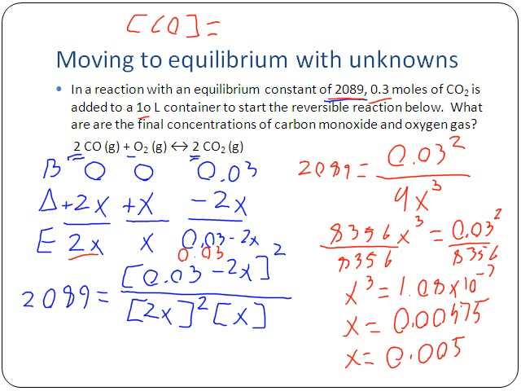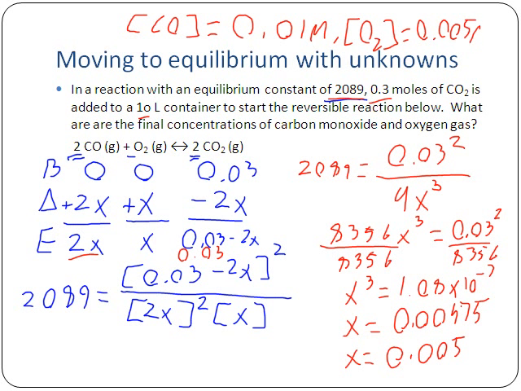So times 2, and for that concentration, I get 0.0095, which, since it's one significant figure, would be 0.01 molar. For the oxygen, the concentration would be just x, so that would be 0.005 molar.